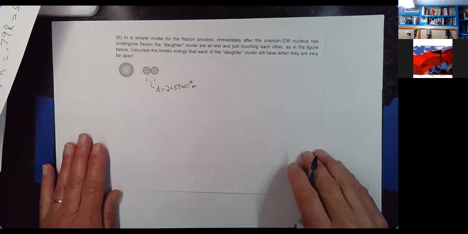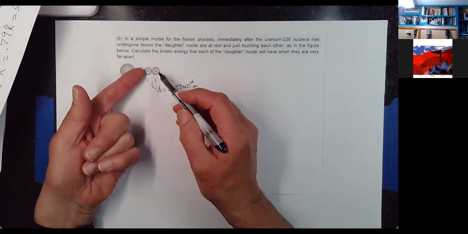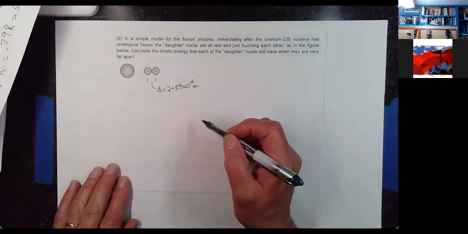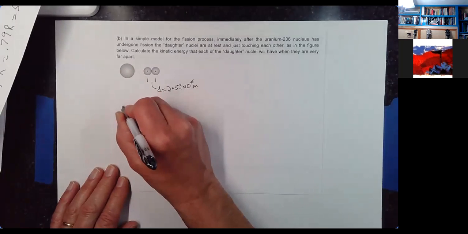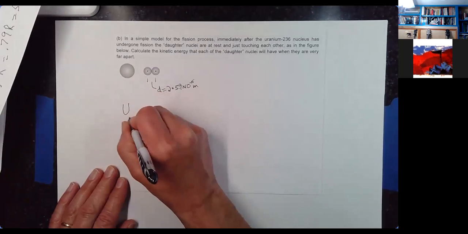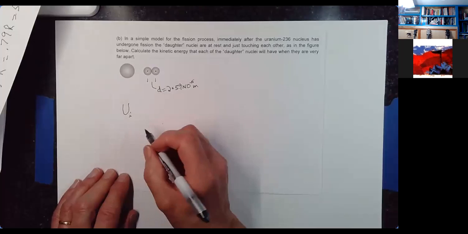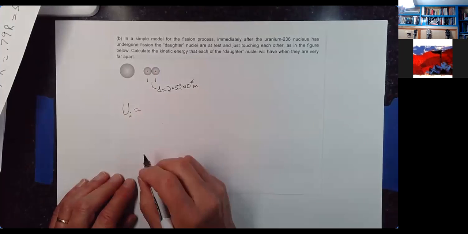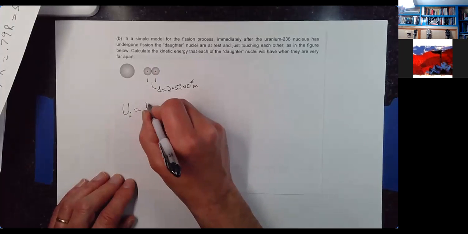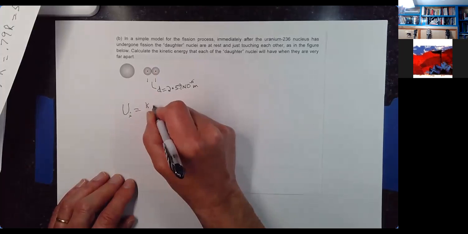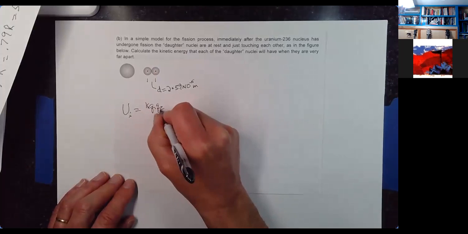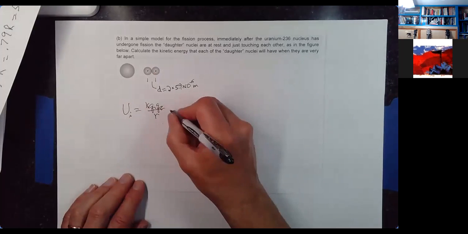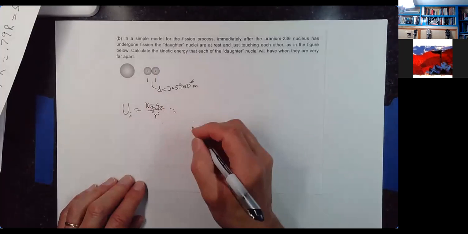Two spherically symmetric charges separated by that distance will have an electric potential energy, and we can call that U initial, the initial electric potential energy, for part B of the problem. It'll be U = k Q1 Q2 over r. That's electric potential energy for 2 point charges. And in this case, the charges are identical.